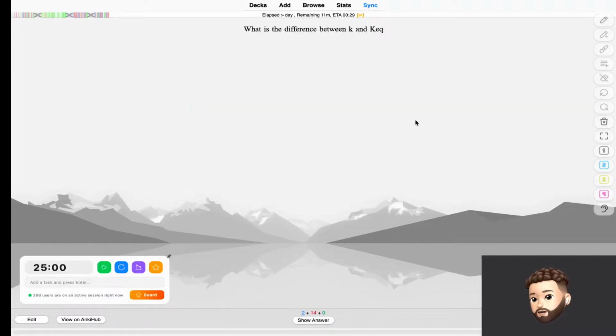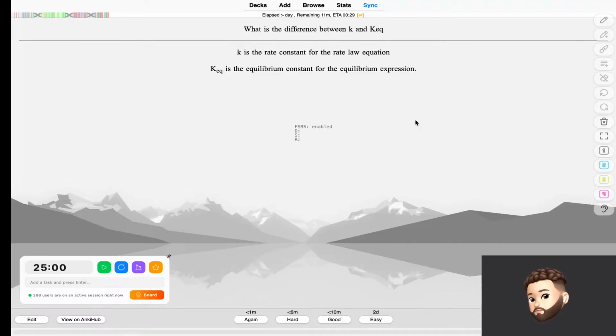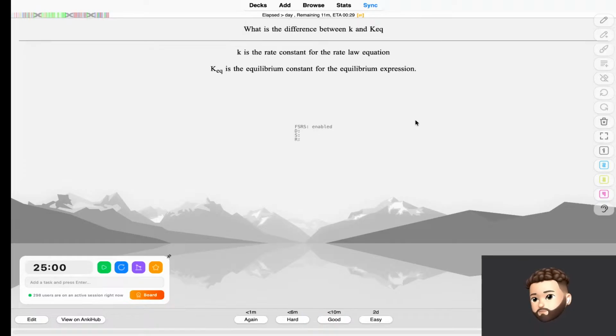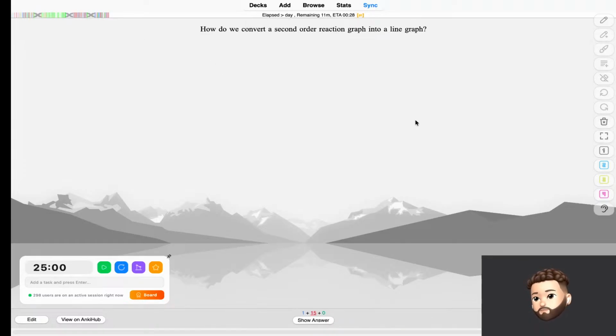What is the difference between K and KQ? How do we convert a second order reaction graph into a line graph? Graph the reciprocal versus time, and then the slope is going to be equal to the rate constant.